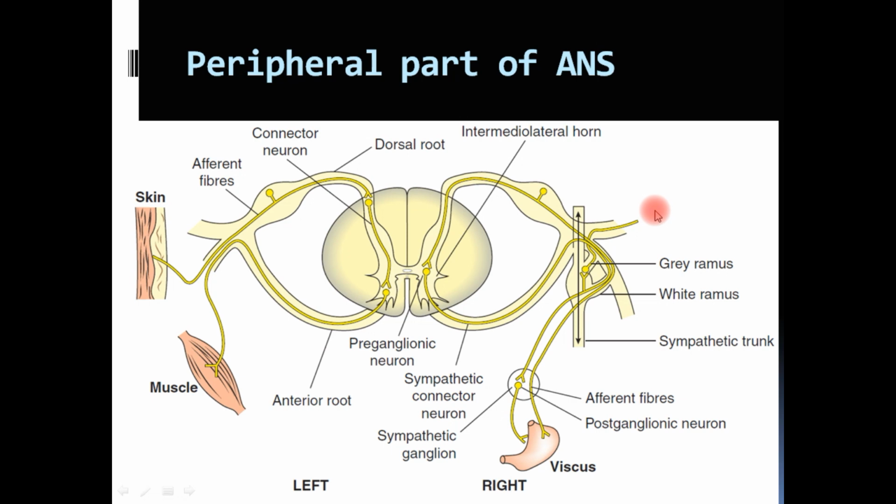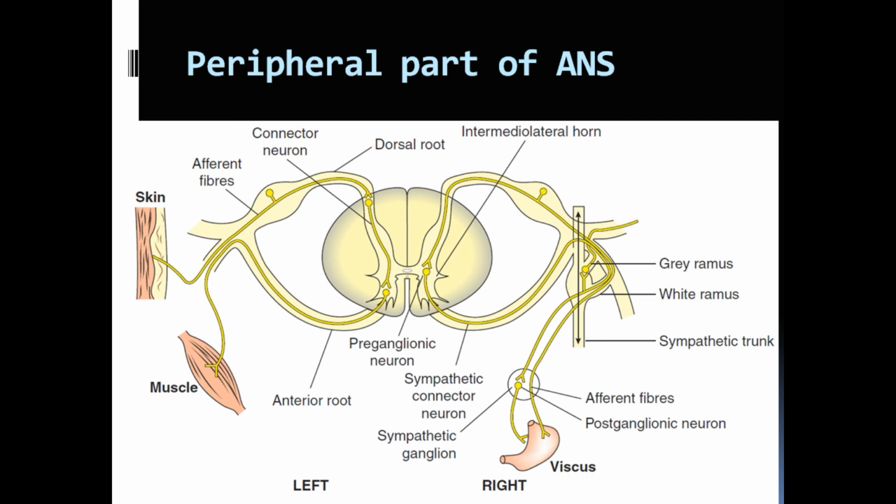Let us understand the basic structure of the peripheral part of the ANS. The peripheral part means the part of the autonomic nervous system which arises from the spinal cord and goes to the organs. Where the neurons are located, where they arise and how they go is the physiological anatomy of the peripheral part of the autonomic nervous system.